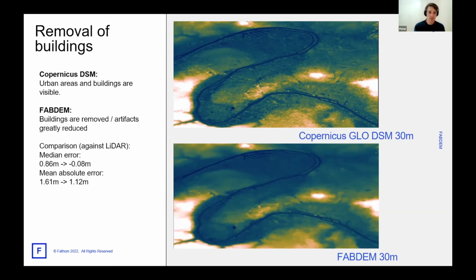And to give you an idea of the error statistics, we computed some against some LiDAR data, not for this particular spot, but over a wider range, and the median error from building heights in the LiDAR was 0.86 meters, which was reduced to only 8 centimeters in the FabDEM, and the mean absolute error was also reduced, as you can see. Next slide, please, Gavin.